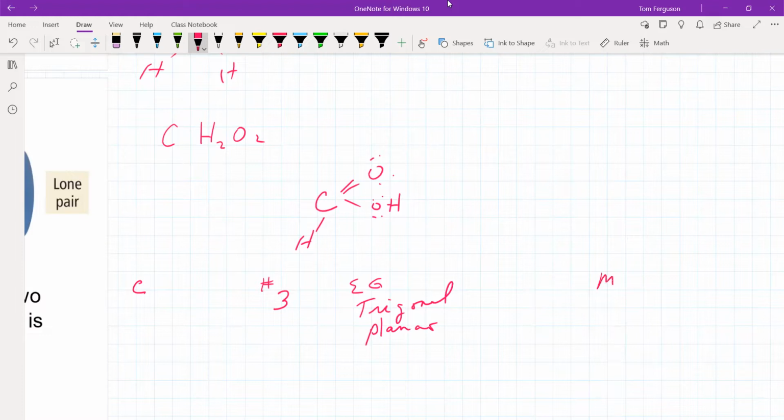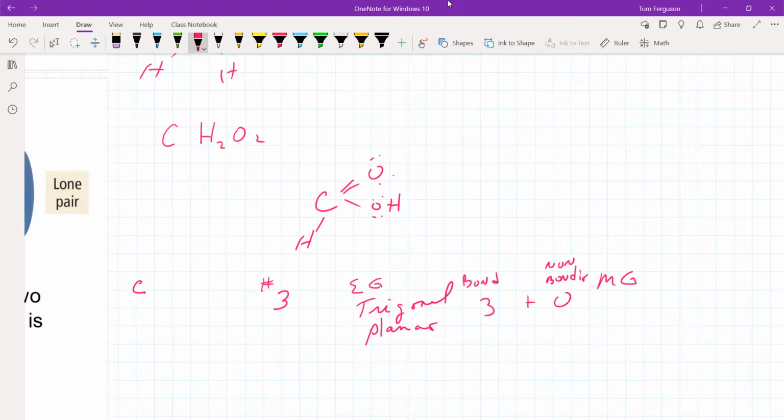Okay, as far as the molecular geometry goes, how many are bonding? All of them, 3. Non-bonding, remember, these 2 have to add up to the 3.